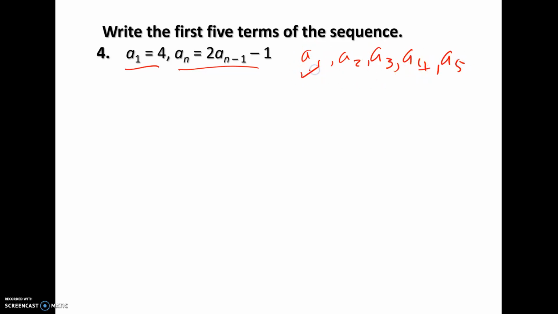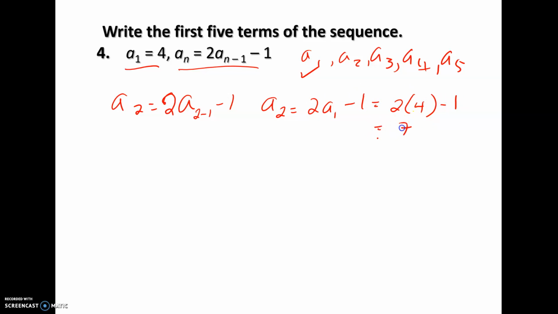I already have this one. So you know that for a sub 2, if I literally follow the formula, it's going to be 2 times a sub 2 minus 1, which means that a sub 2 is equal to 2 times a sub 1 minus 1. And a sub 1 is 4. So that gives me 7.